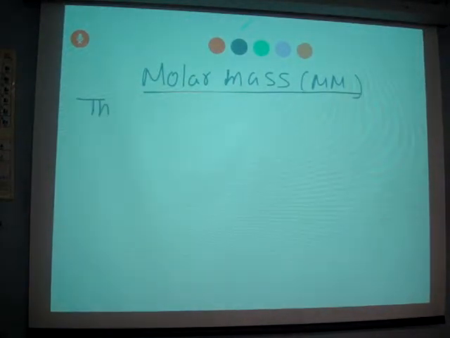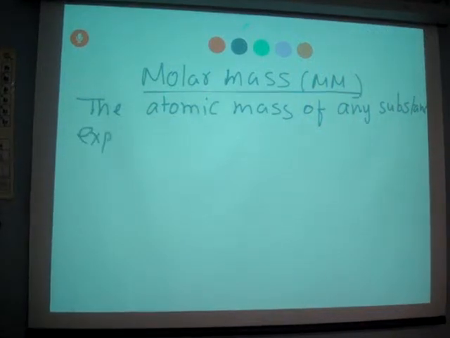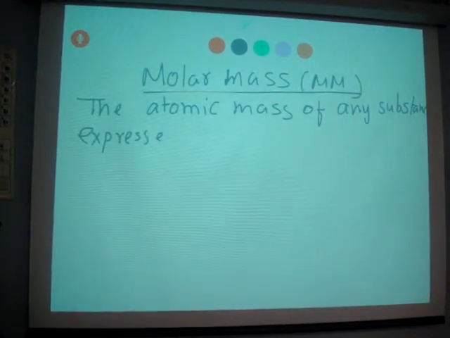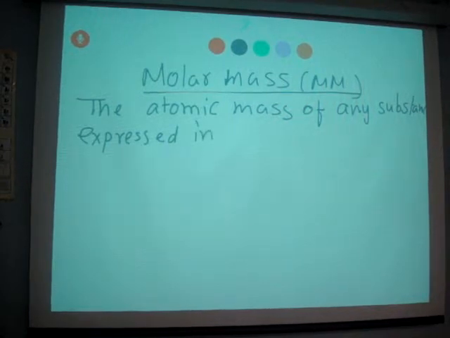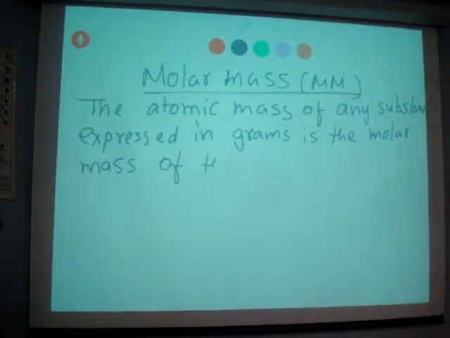The atomic mass of any substance expressed in grams is the molar mass of that substance.